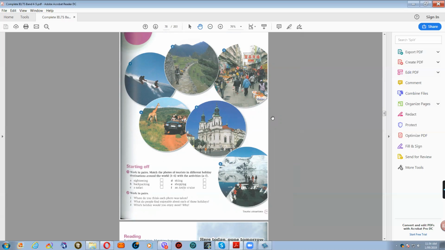Number one is, here are your words. One, skiing. Number two. Two, sightseeing. It could be, but I don't think it is. What's this guy got on his back? Backpacking. Number three.